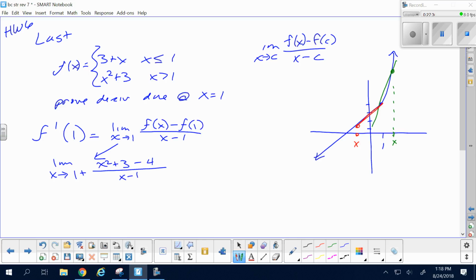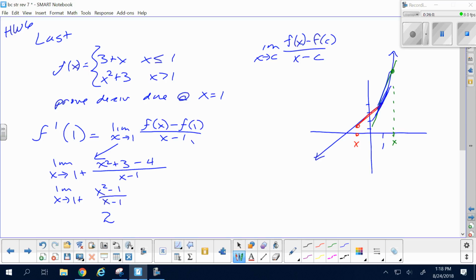Over x minus 1. This limit is x squared minus 1 over x minus 1. You can see how the x minus 1 would drop out, leaving you with x plus 1. The slope approaches 2. As it gets closer and closer, the slope starts to approach 2.